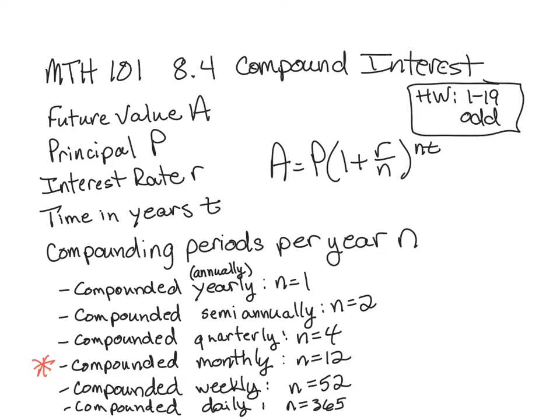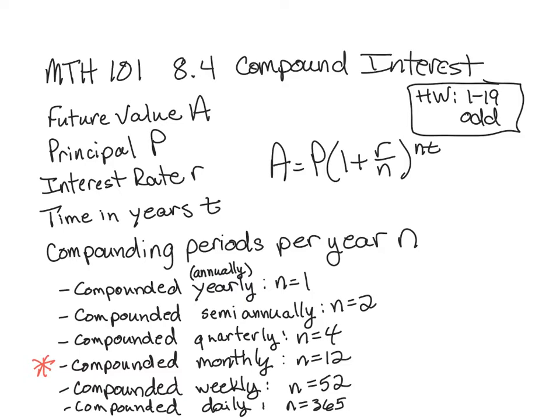Now, if you're looking at a savings account, they'll take the amount of money in your account, find 1/12 because it's monthly, find 1/12 of the interest for that amount for a year, and then add that back to the amount that you owe or that you've accumulated.